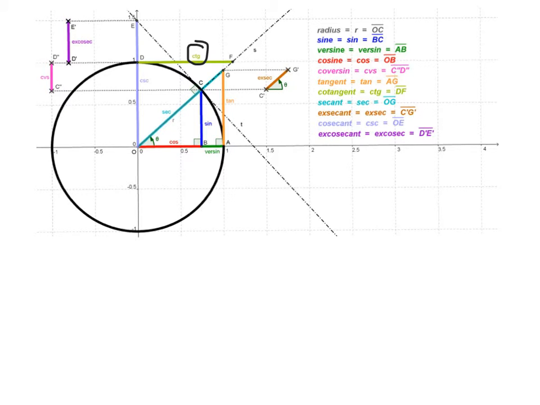Not real sure where that came from, but we see our cosine and sine. We see the tangent and the secant as we define them. And then in this case, they show the cotangent here, but our cosecant, we're going from here up to here.